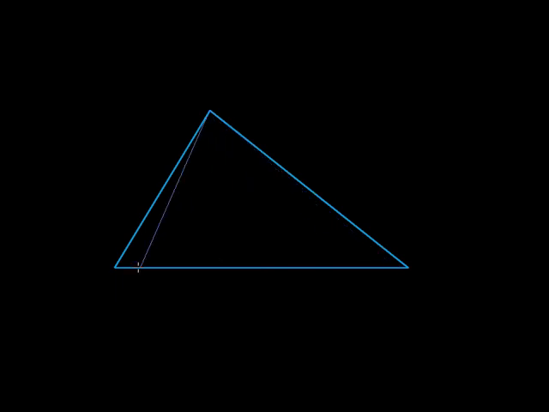It wouldn't be here, it wouldn't be here, it would be right there. So that would be an altitude. What we're going to do is draw 3 altitudes, and we're going to find out that those 3 lines are concurrent, and it has a name. I'm going to go to the GeoGebra program, and we'll see if there's anything true about that.